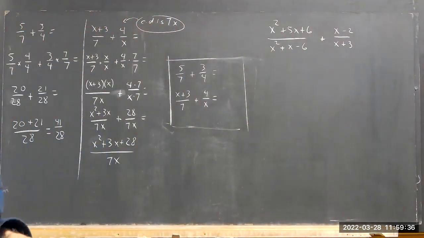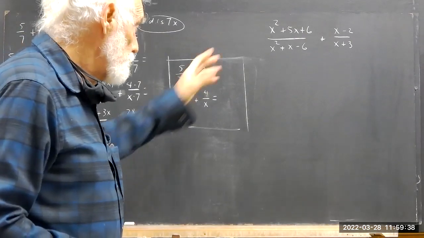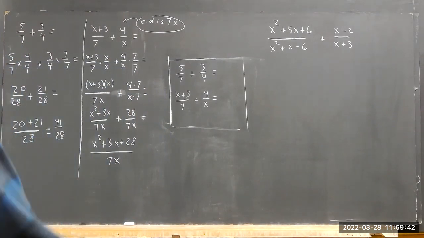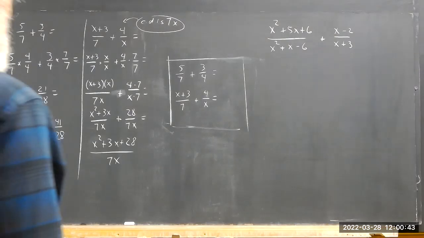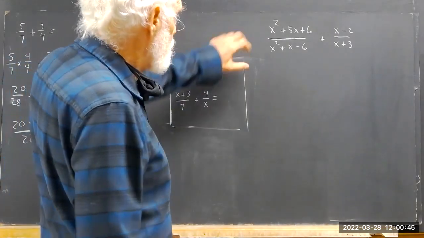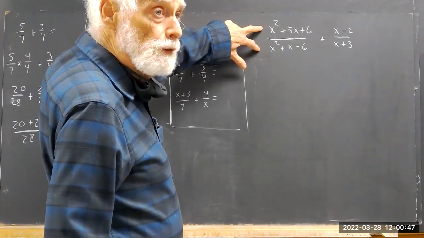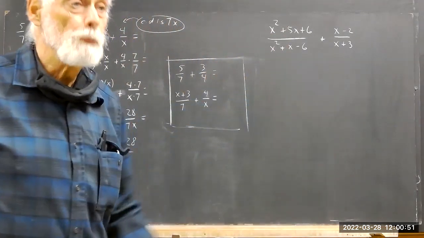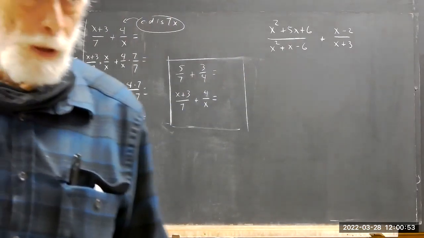And that should work out kind of nicely if I did it right in my head. Whether it does or not, the process is the same. Okay, just a hint: factor these first. Otherwise, it gets a little messy and a little bit hard to factor.